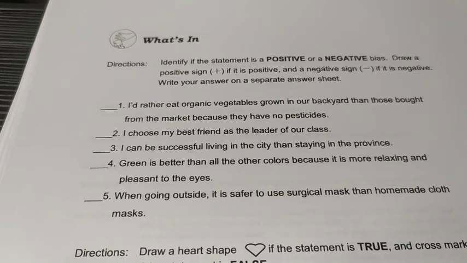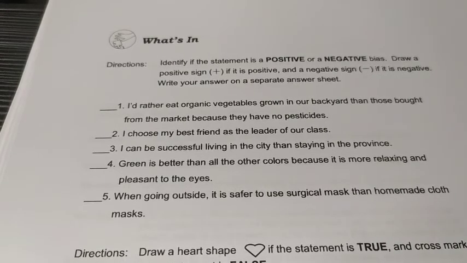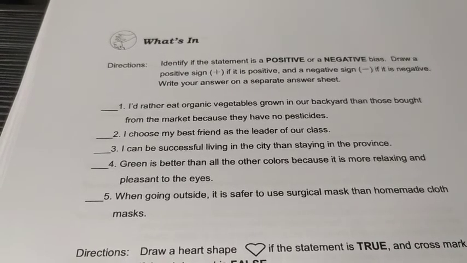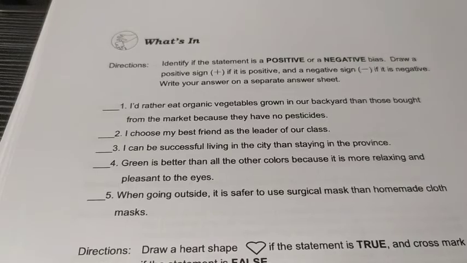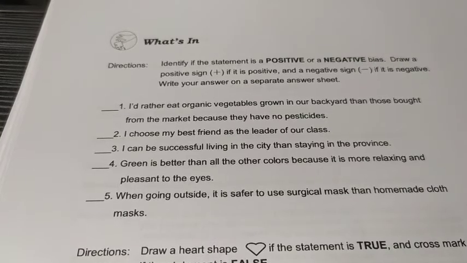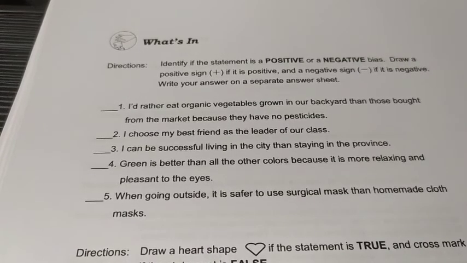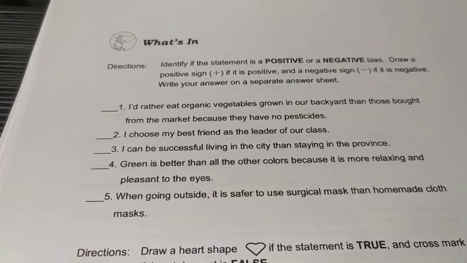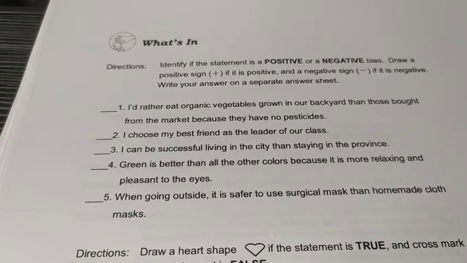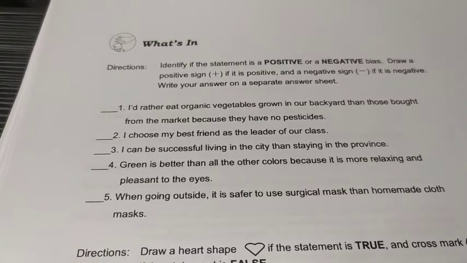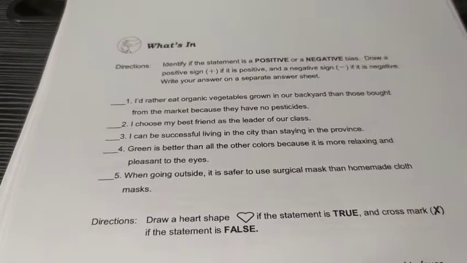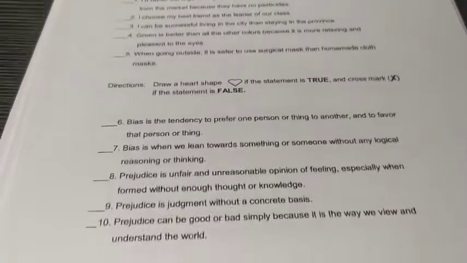Write your answer on a separate sheet of paper. If you are still confused with that, you can go back to the video that we have in our previous module. You can go back anytime if you have internet access.